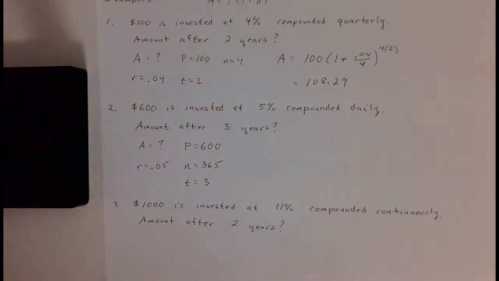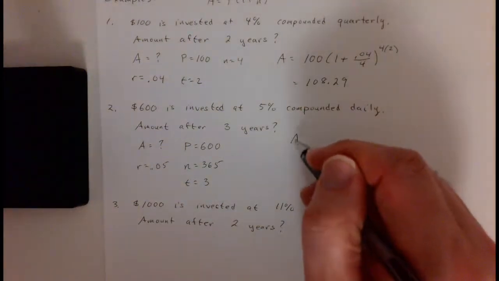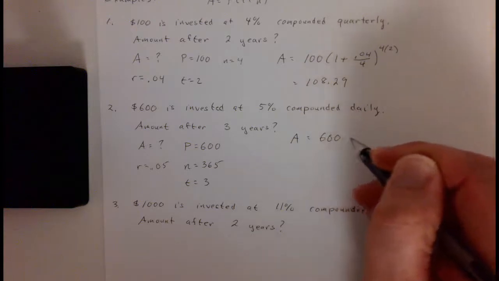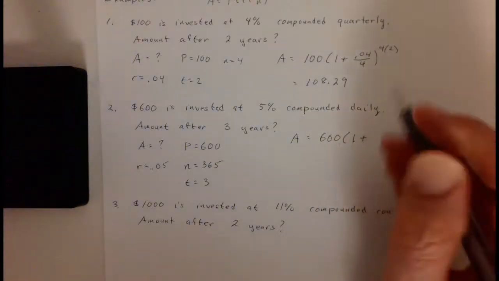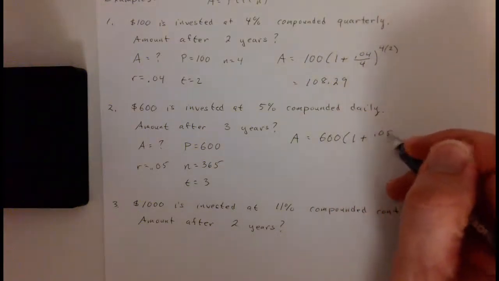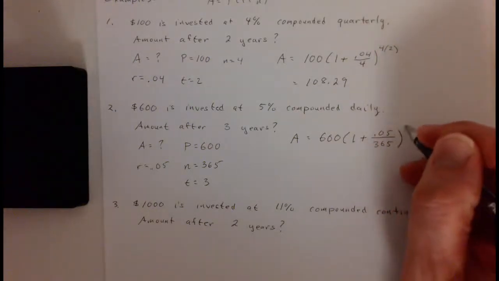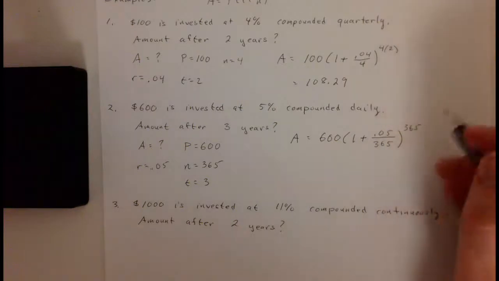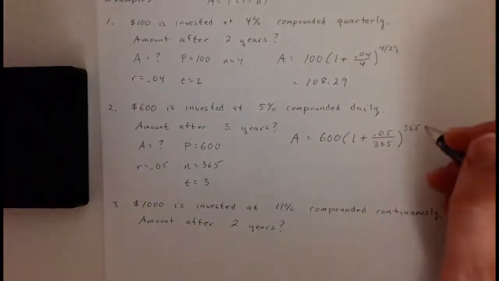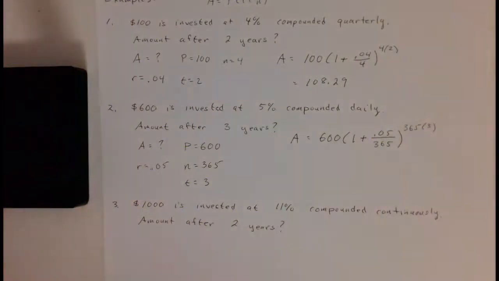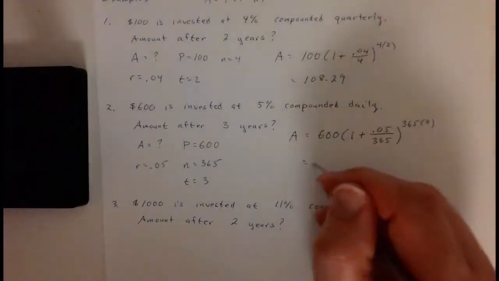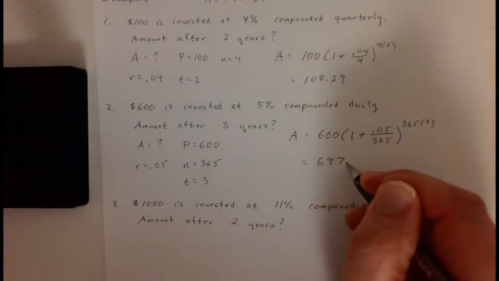So our amount is 600 times 1 plus 0.05 over 365, raised to the 365 times 3, which turns out to be 697.09.